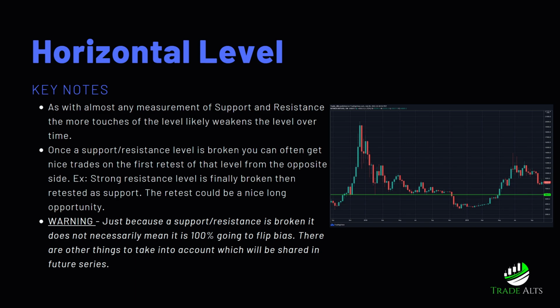I actually have a really good example of this right here, which I will get to a little bit later in the video. It demonstrates that the more times price comes down to touch this level, eventually it gives way.